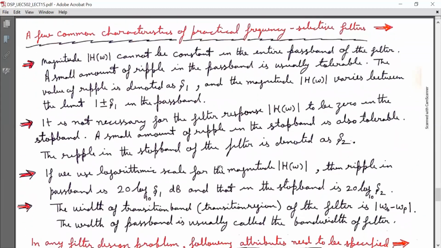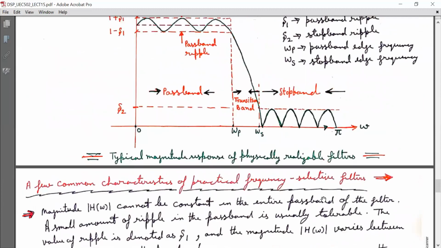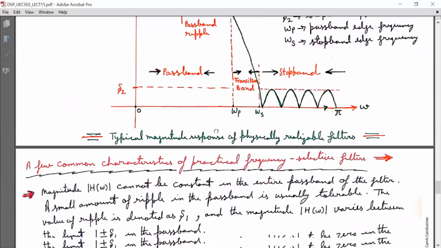A few common characteristics of practical frequency-selective filters. Number one, magnitude of H(omega) cannot be constant in the entire passband of the filter. A small amount of ripple in the passband is usually tolerable. Look at this.